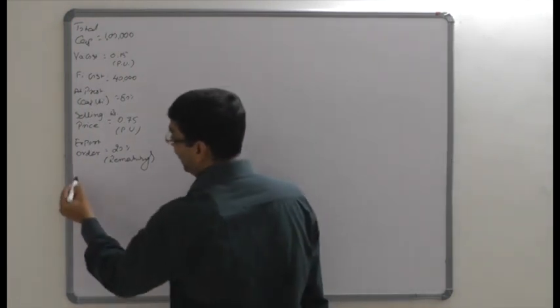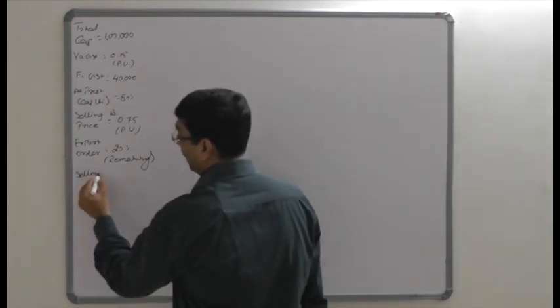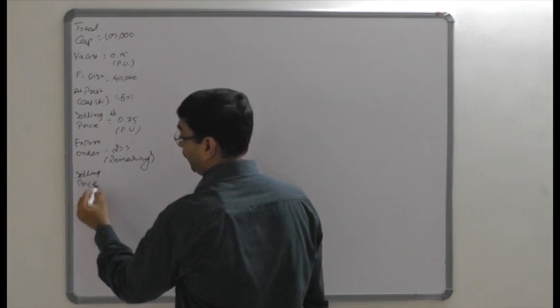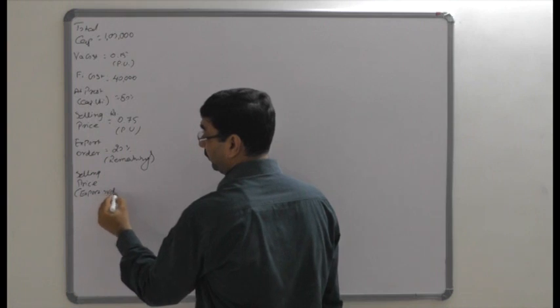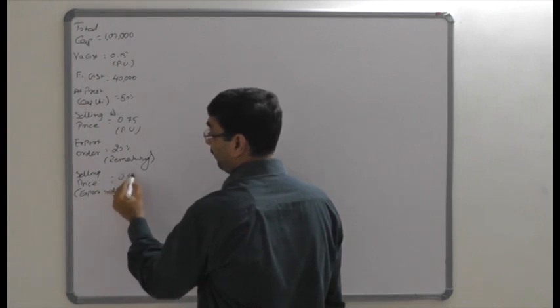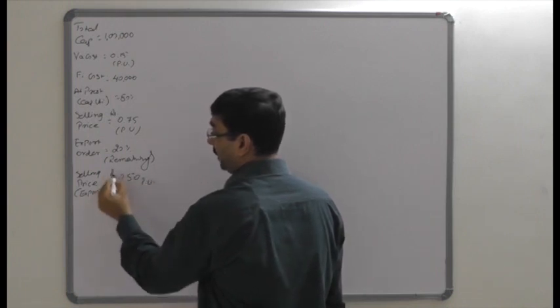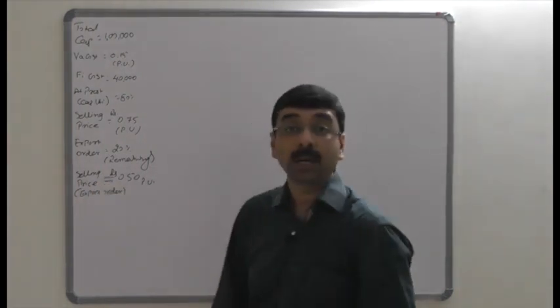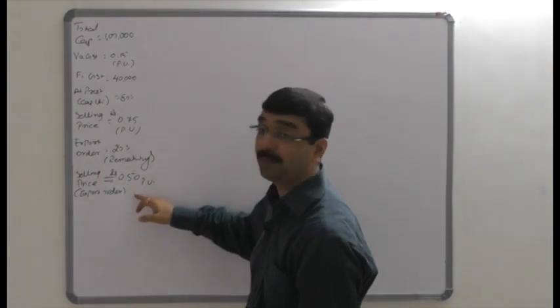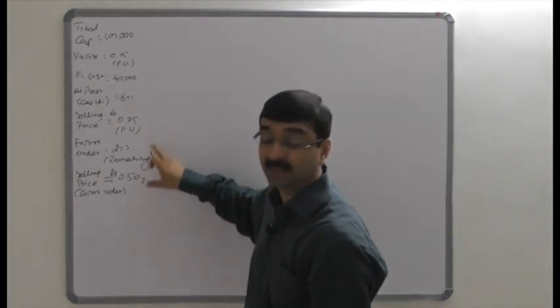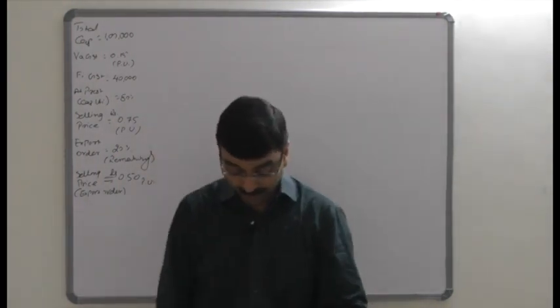They ask to sell this product at the price of 0.50 per unit. So the selling price for the export order comes to rupees 0.50 per unit. If you compare the selling price in the domestic market and the foreign market, it shows clear-cut differences where the decision has to be taken.